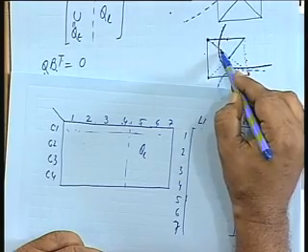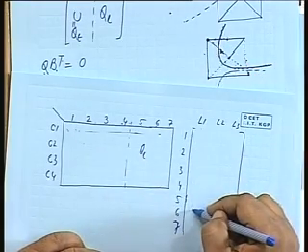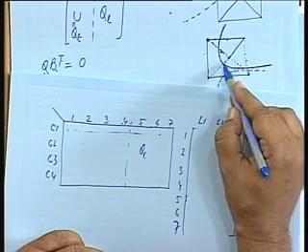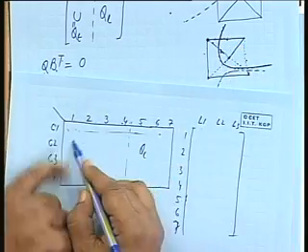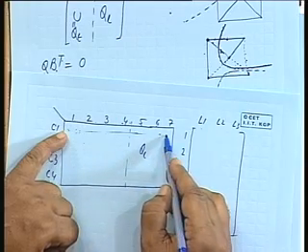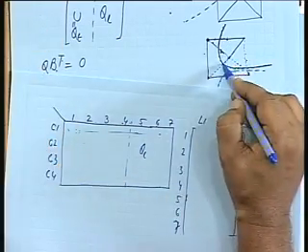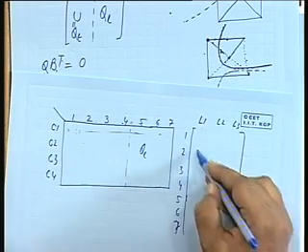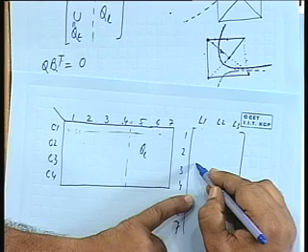So either these two will be non-zero, others are all 0. This will not come in this loop. This link, though it is cut by the cut set, though it is a non-zero element of the cut set, plus 1 or minus 1, but in the loop it is not existing. So in the loop there are only two elements which are non-zero, is it not?